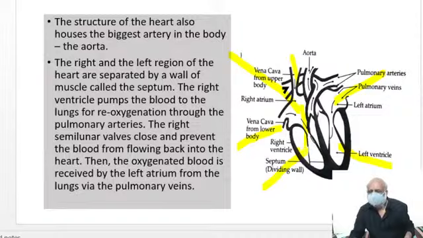Now, in another cycle, ventricle contract and atrium relaxed. When ventricle contract, it sends the blood to lungs.